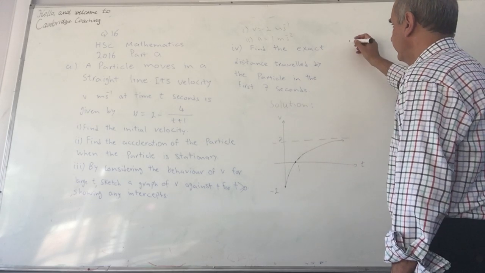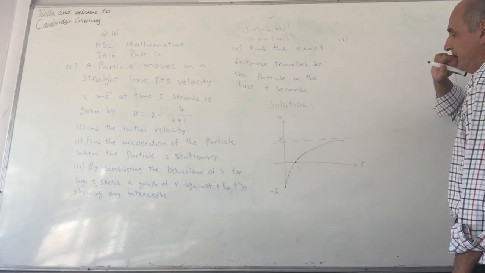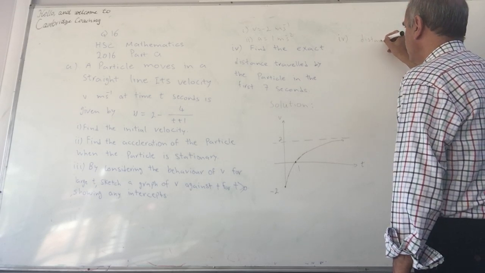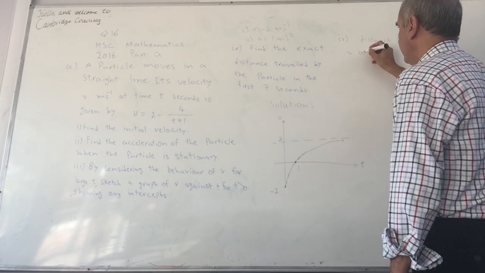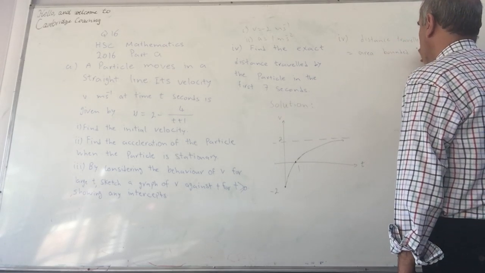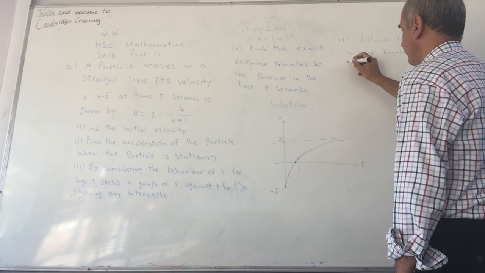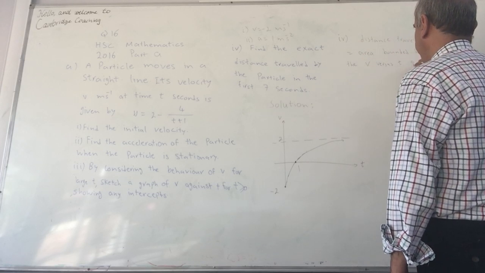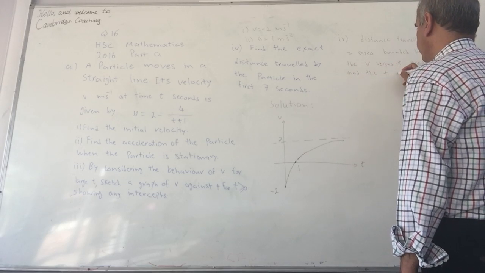One way of looking at that is considering that distance traveled is equal to the area bounded between the v versus t graph and the t-axis.